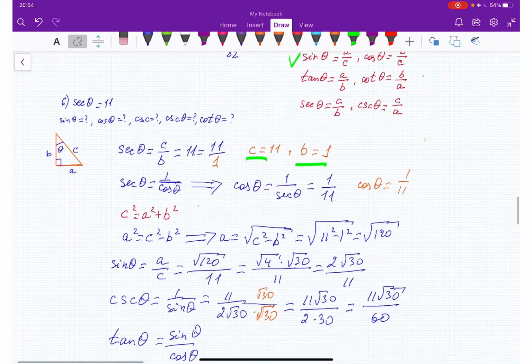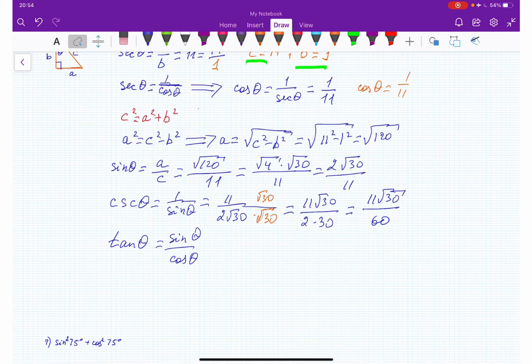I would recommend writing them down right away from the very beginning, so to have it. So it's equal: sine theta is 2 square root 30 over 11 divided by 1 over 11.